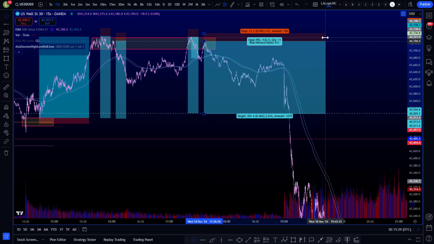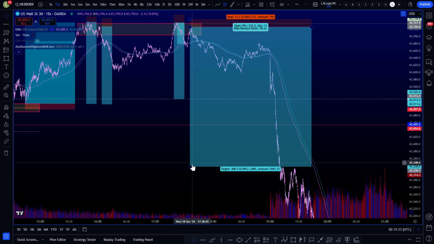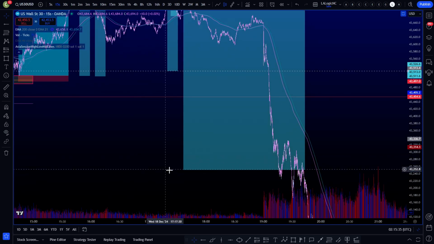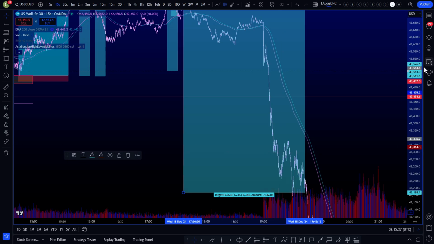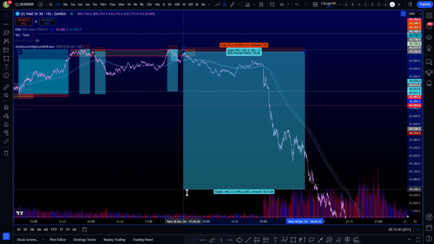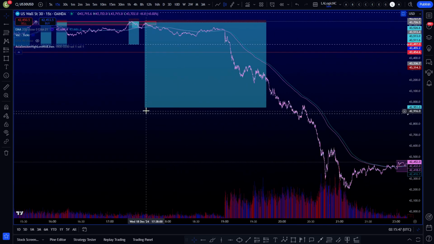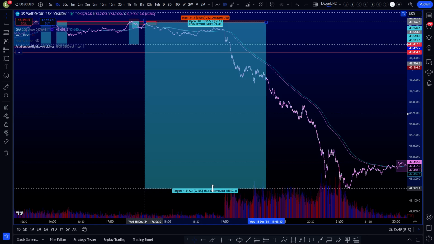We'll read it. Look at this. The art of scalping. I mean, God. This is a 25 so far. 25 to 1 risk to reward. 36 risk to reward. My goodness, what is this?